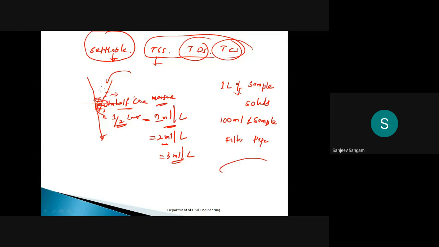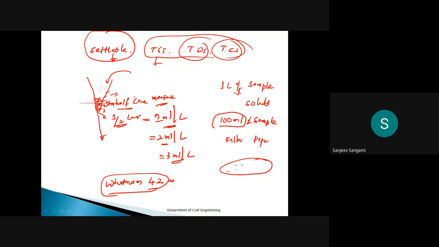Usually you have to take Whatman filter paper, Whatman being the name of the company. Whatman 42 filter paper you have to take, and you have to filter the 100 ml of sample.